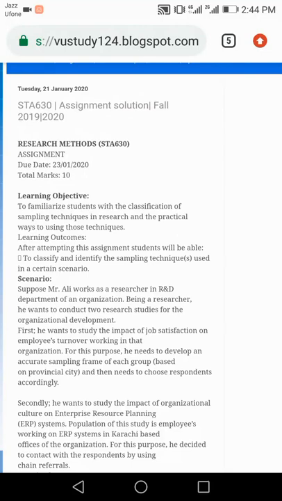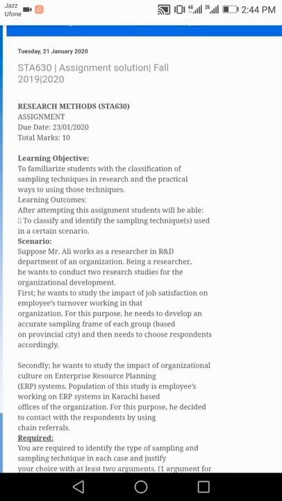Today, this one is a solution regarding the STA630 Assignment Solution for 2019 and 2020. And this assignment solution is regarding research methods. This is a very interesting topic regarding different sampling techniques.